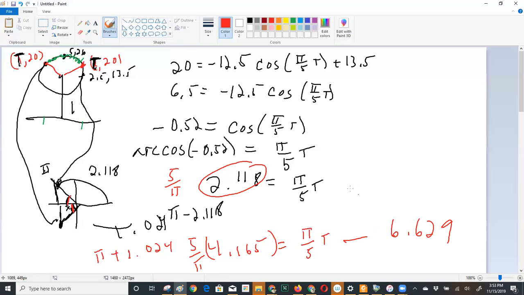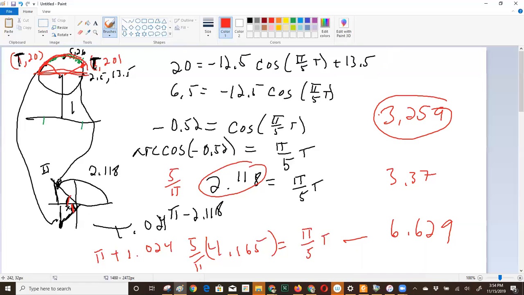That's giving me 3.37. So I just got to subtract those two times. And that tells me this Ferris wheel stays above 20 feet for 3.259 minutes.